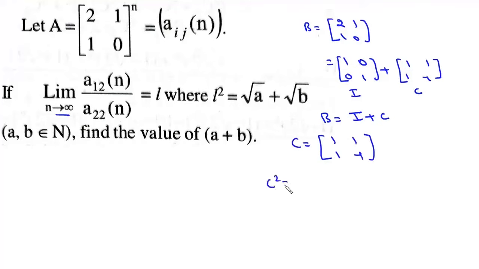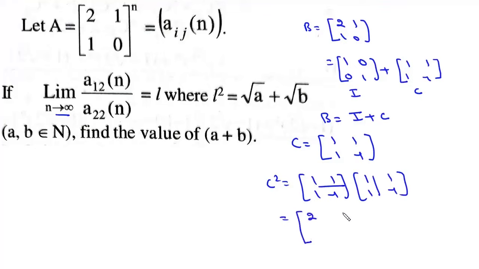Now we find C square will be [1, 1; 1, -1] times [1, 1; 1, -1]. Now we multiply. We'll get this as 2. Now this is 0. This is 0 and then it'll be 2. So C square is basically 2I.